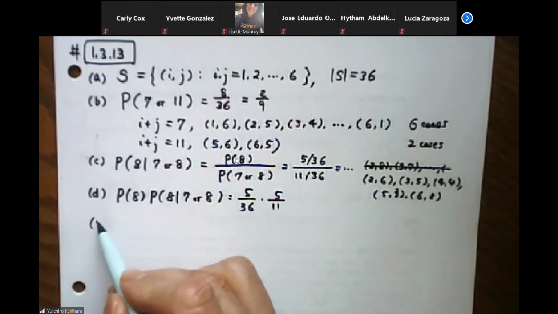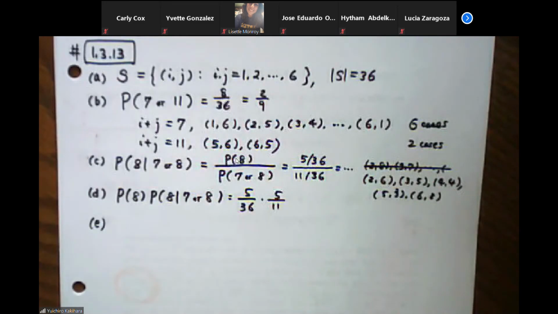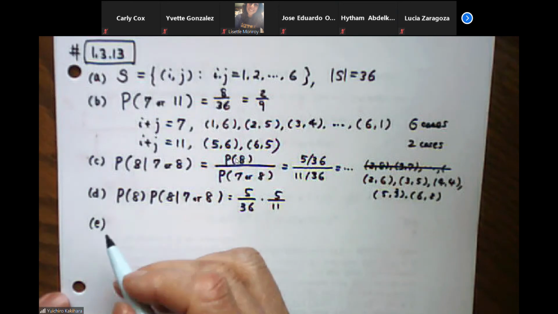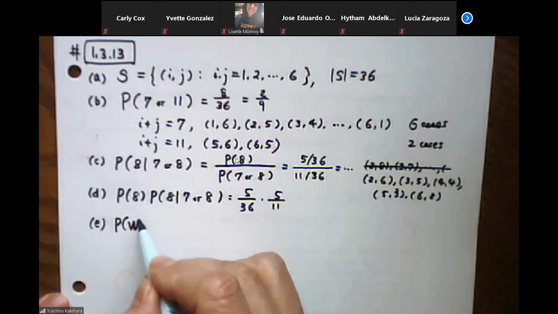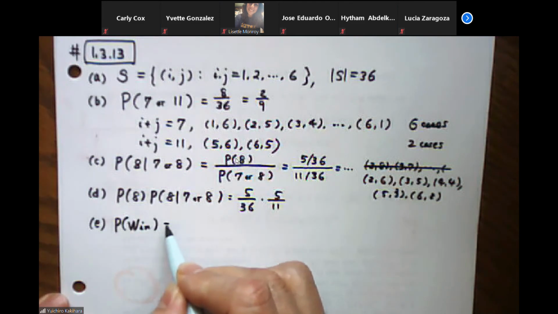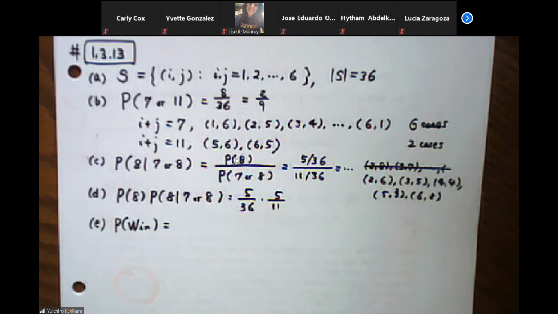And then E is the win probability. How do we win? There are several cases. First case is what? 7 or 11. Okay, first one is 7.